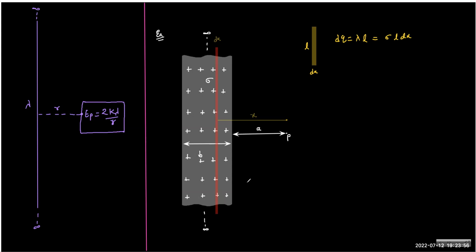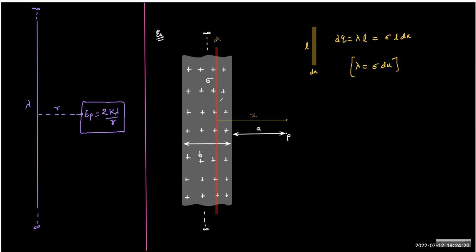Sigma and lambda are two separate representations of the charge distribution, and you can choose any one of them. Therefore, lambda is basically sigma into the width of the line charge. That is how lambda and sigma are related.